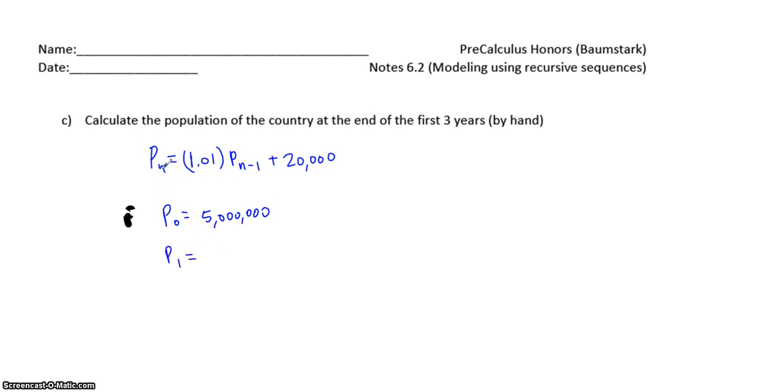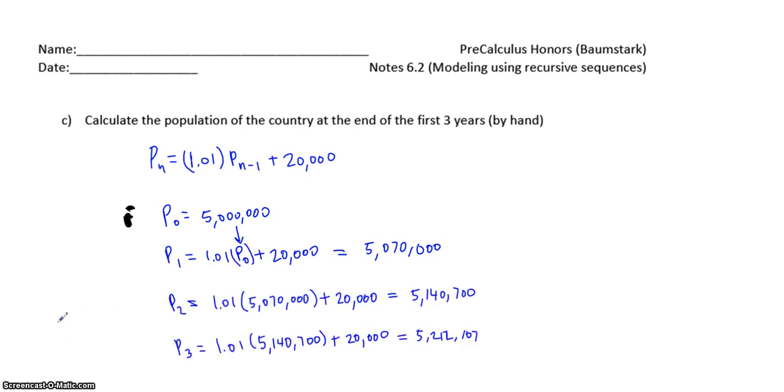P1, substitute n for 1, we're going to get 1.01 times P0 plus 20,000. So if we go ahead and just plug that 5,000,000 in there, you just put that in your calculator, you'll get this number. So this P1 would be the population after 1 year, and it would be 5,070,000.